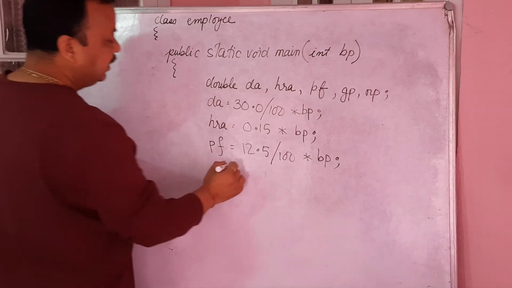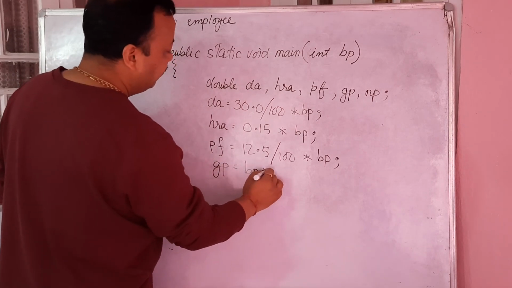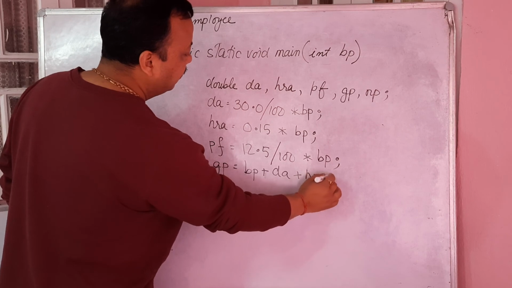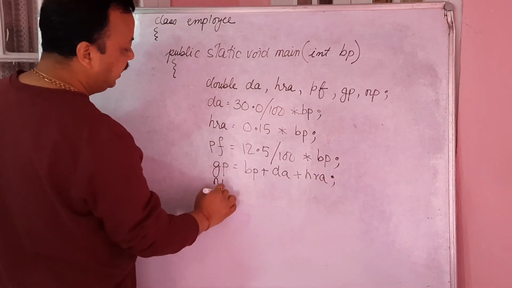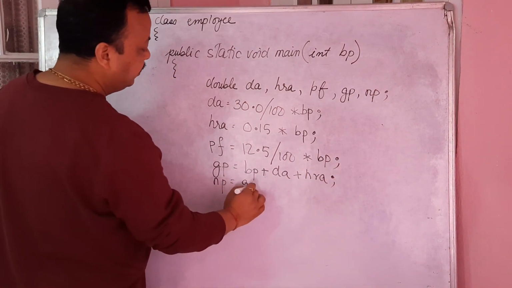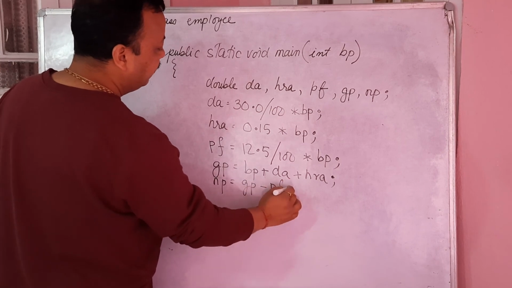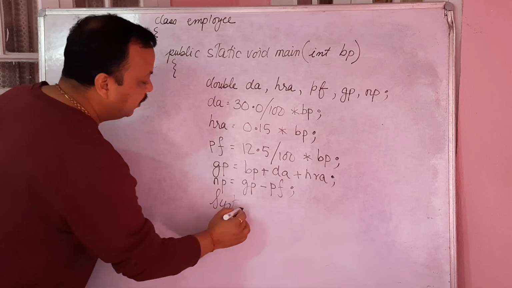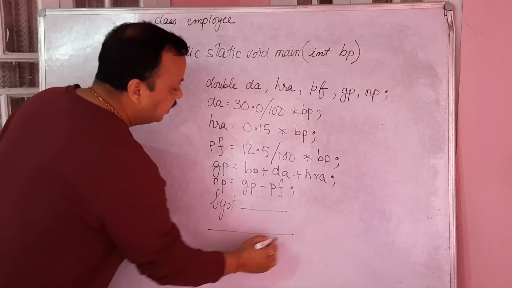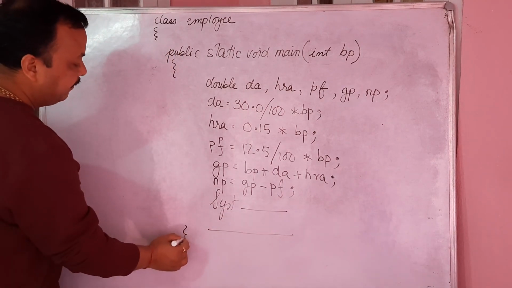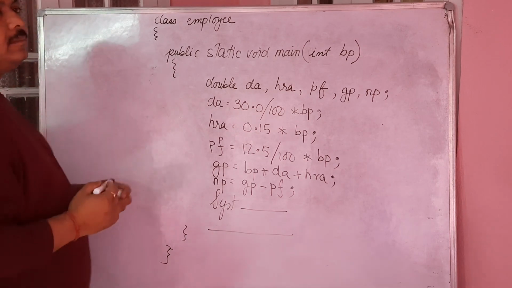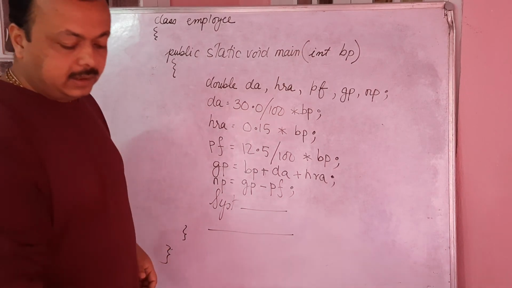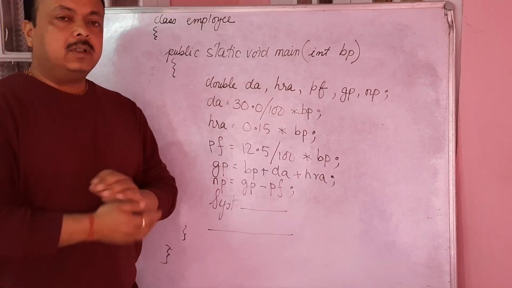So gross pay is your basic pay plus DA plus HRA, but your net pay NP is gross pay minus the provident fund. So then you are supposed to display. So I hope you can write the statements to display the gross pay and the net pay. So that is about it for this session here.